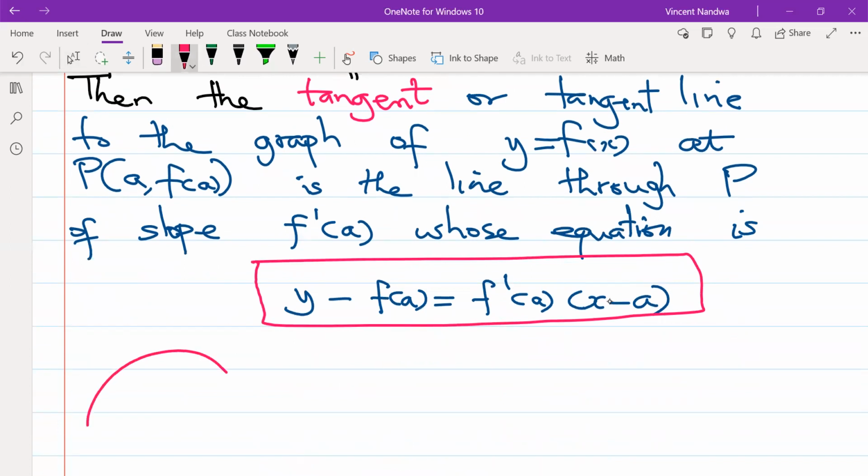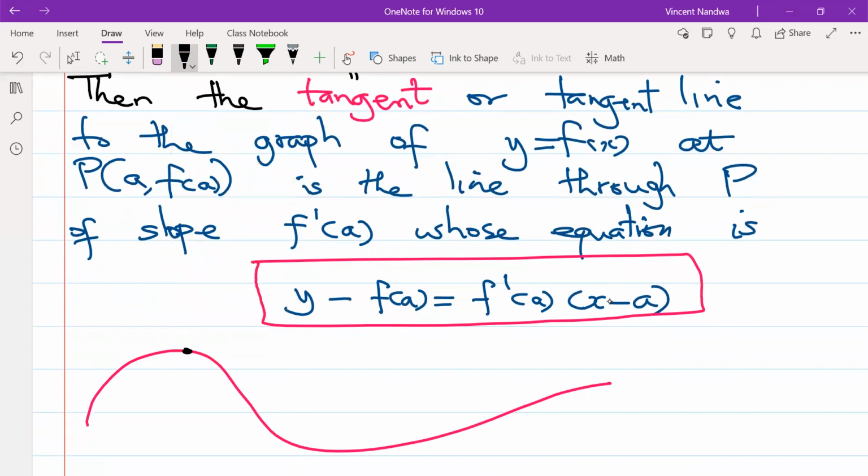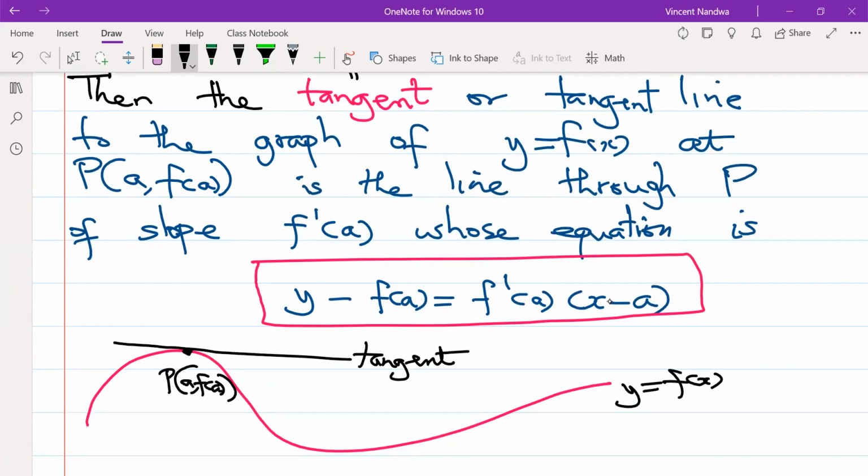Like if I have this as my curve, then a point P whose coordinates are a comma f of a, if this is a graph of y equals f of x, is this line that only touches the curve at that point. So we call it tangent or tangent line.